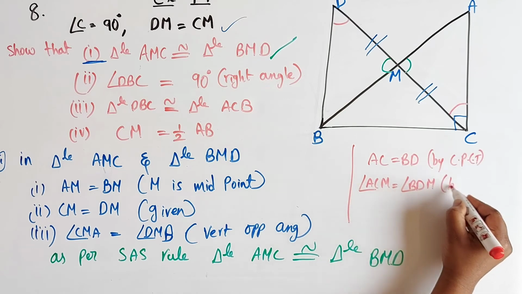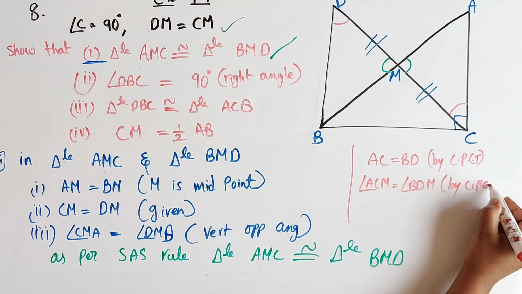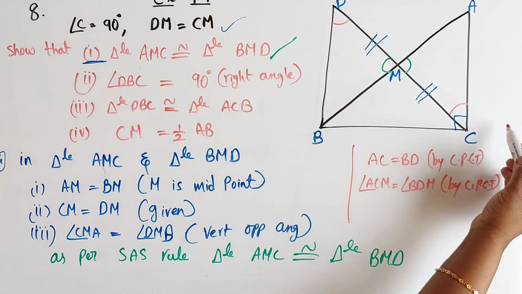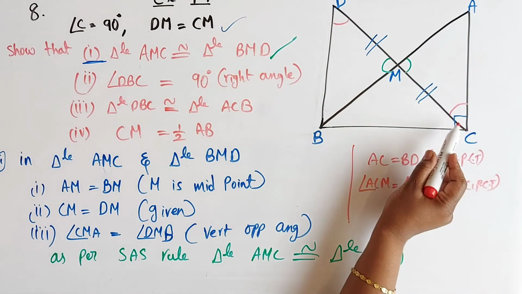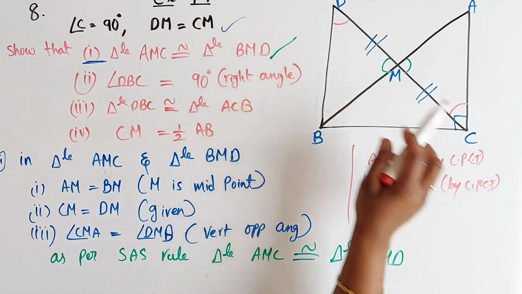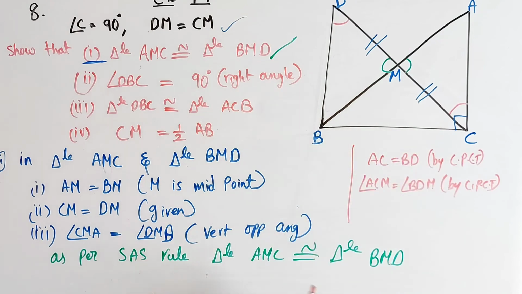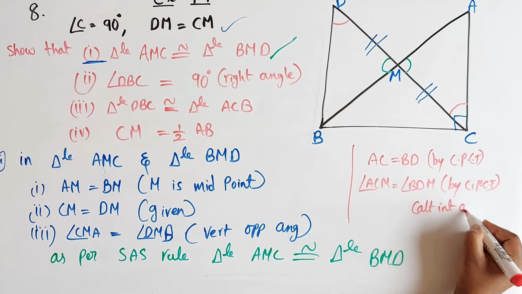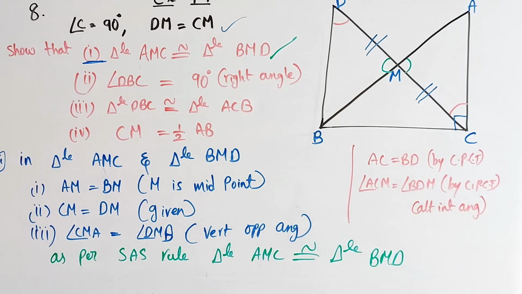This is also by CPCT. If you observe AC and BD, these are parallel lines. So these two angles are alternate interior angles. Angle ACM equals angle BDM, because these two are alternate interior angles also. Correct, children?